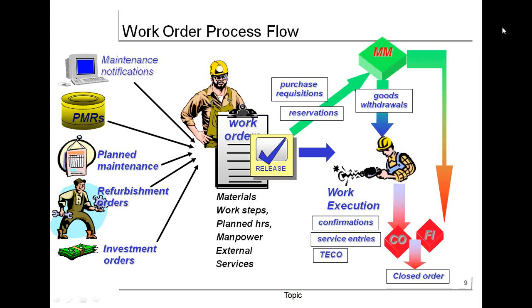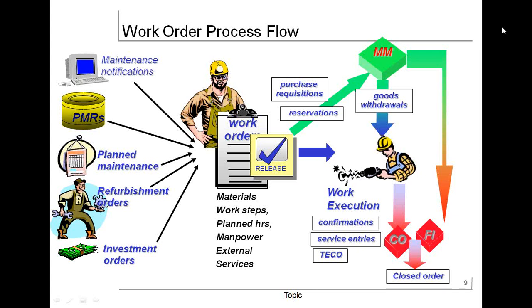These activities are done by the finance and control team. They will do the settlement against the cost center and close the work order. With this, the work order business is completed, no further activities are involved in this work order, and it will be available only for display.